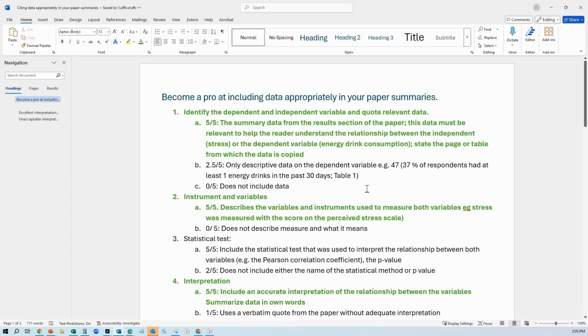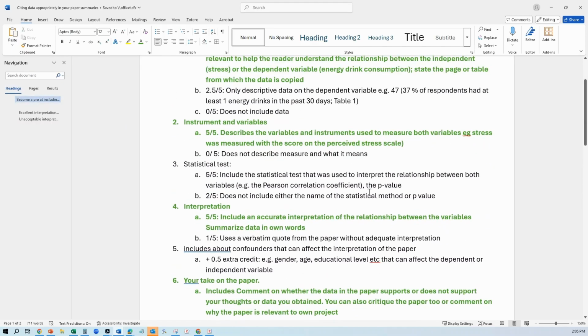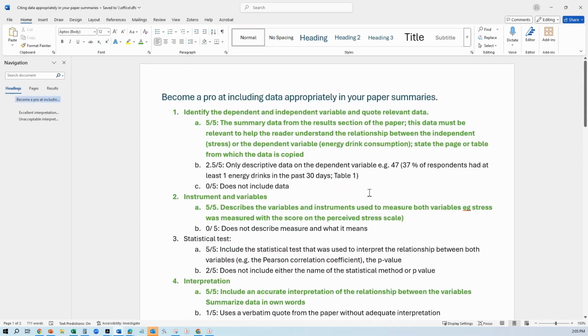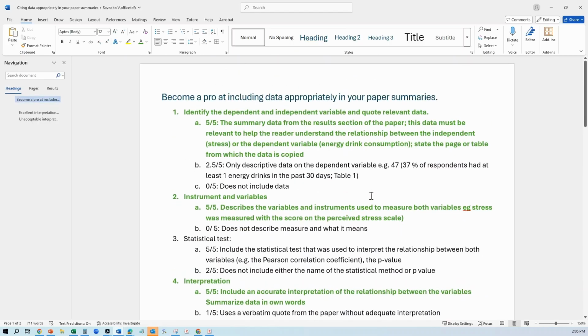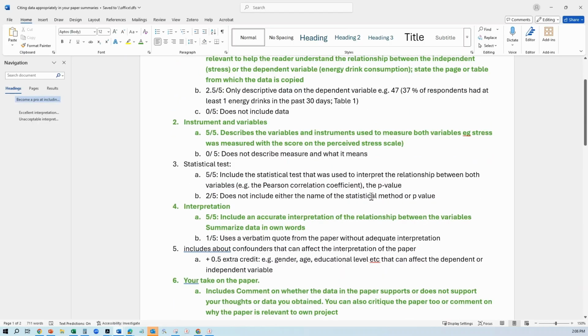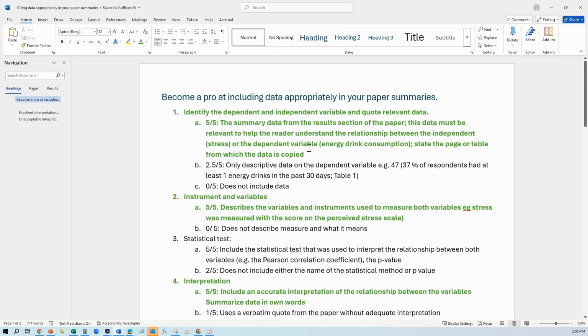Now, I put here 7 things you should include, or you could include. I would say that at least 4 of these, and of course the citation, should be included in the data that you include in your summary. And the first one is, let it be clear what the dependent and the independent variables are. And then you quote the relevant data.